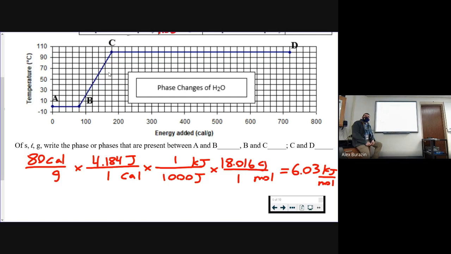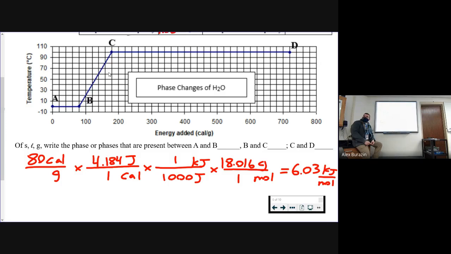You know how to convert calories to kilojoules, yes? You know how to convert grams into moles, yes? Now, when it's per Celsius or per Kelvin, what do I have to do? I'm assuming maybe that's where you're hung up.